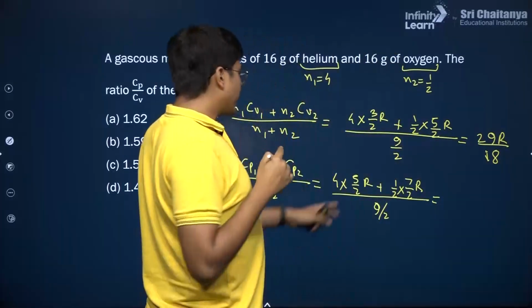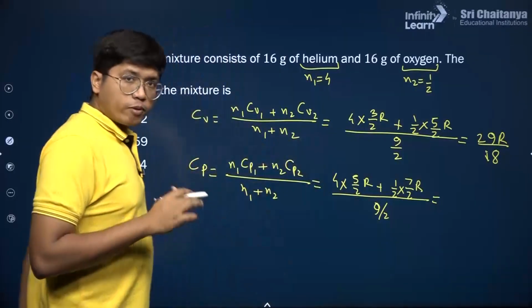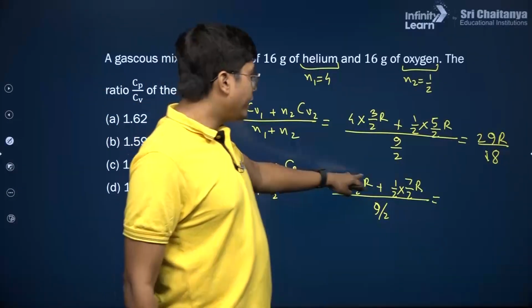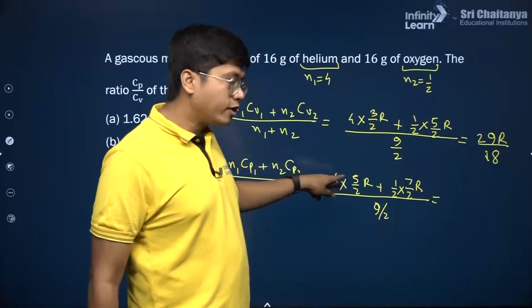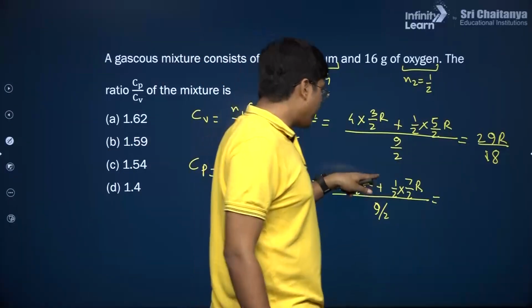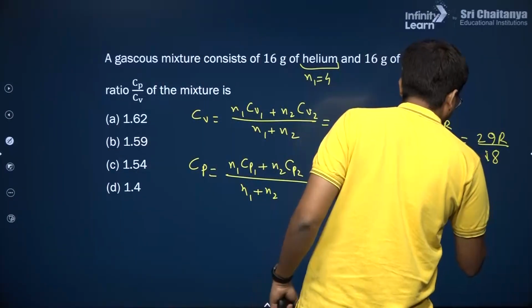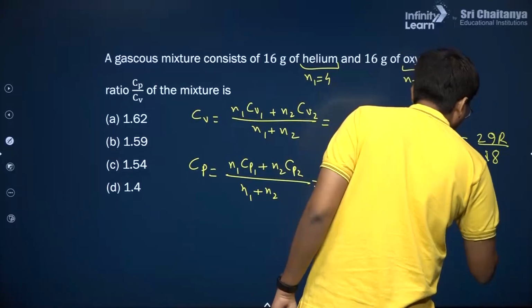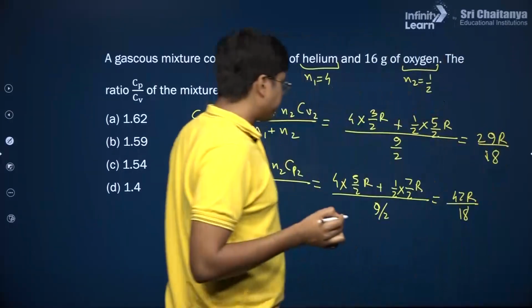Again, we can remove the one denominator 2 from each case. You have 20 here, cross multiplied by 2 makes it 40, 40 plus 7, 47 divided by 2 into 9, 18. So 47R by 18.